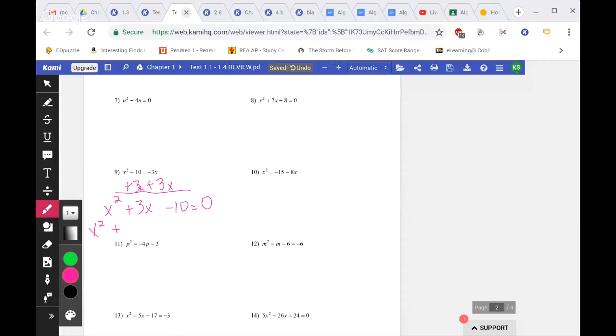So I would have plus 5x. Actually, let me do it this way. When she does the grouping, I think this is how she taught it. So minus 2x plus 5x minus 10. Did she do it that way? Yeah. And then group, you want me to do it that way? Yeah. Okay. All right.